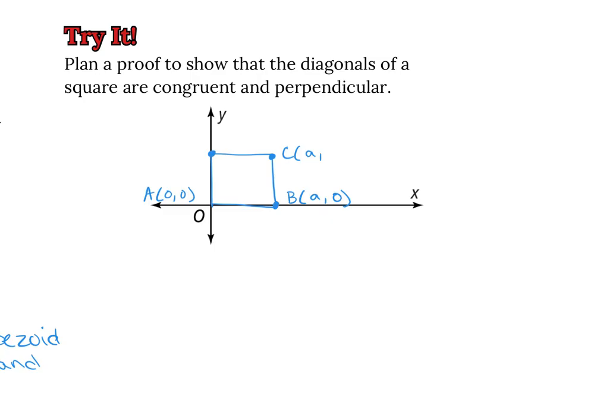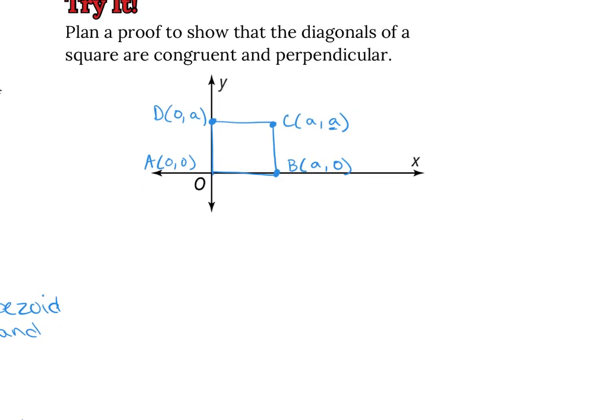So that means my y would also be A. And then finally D, again, because it's a square, my y would be the same. We're traveling the same distance, so my y would be that A as well. My x is still 0.